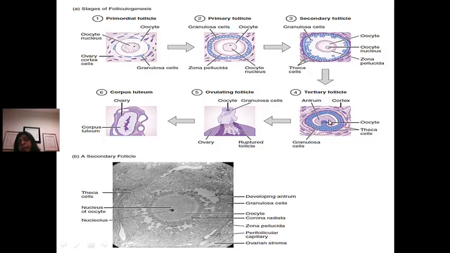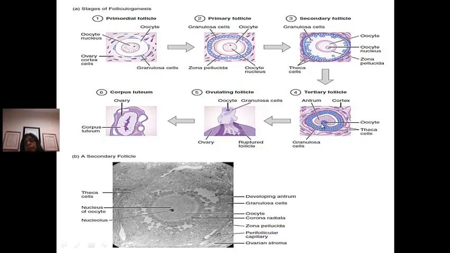The oocyte is here. What we really have to assume here is that meiosis 1 has been completed. It is now called a secondary oocyte. The polar body that would have been formed has probably disappeared at this point.